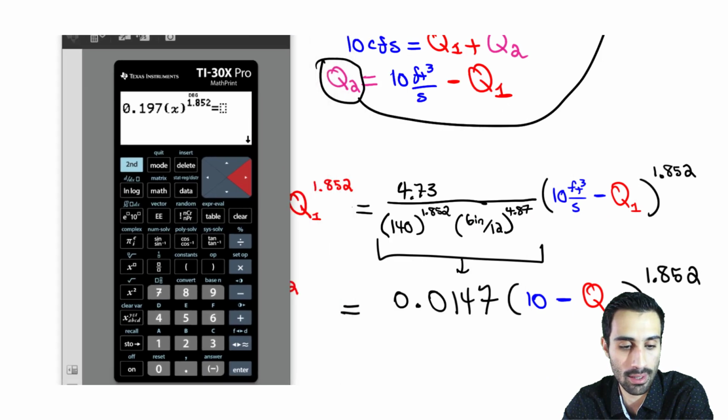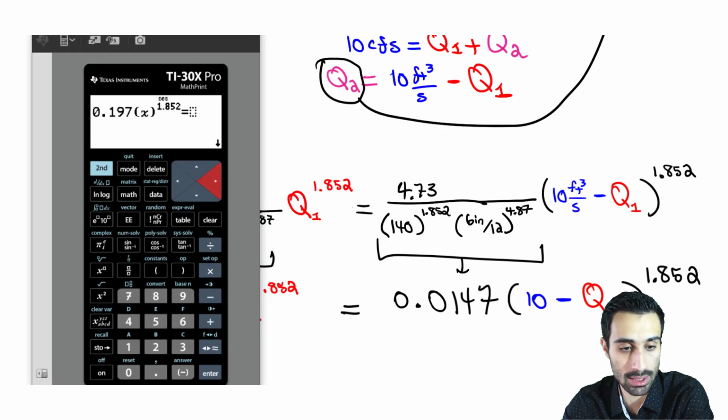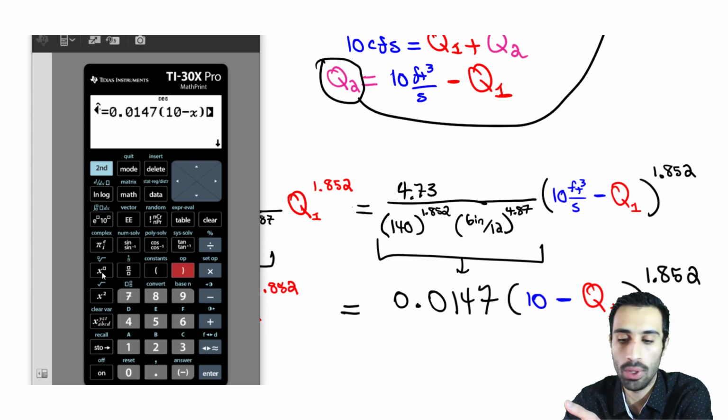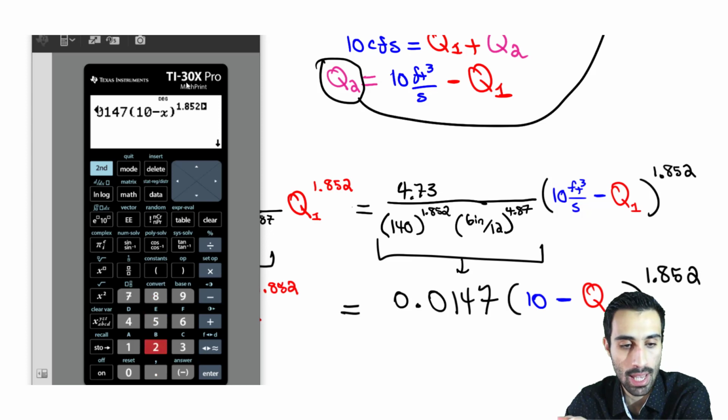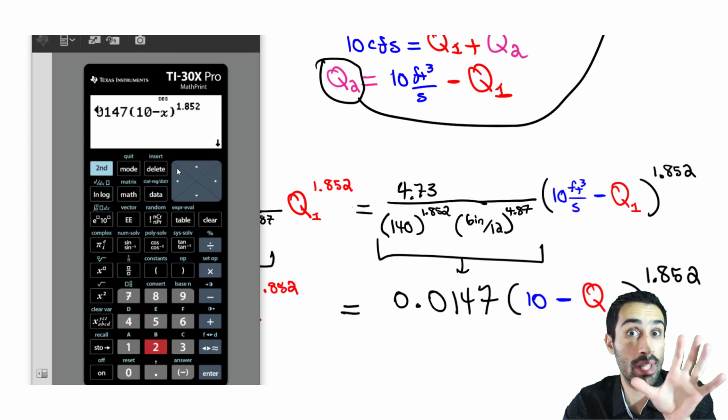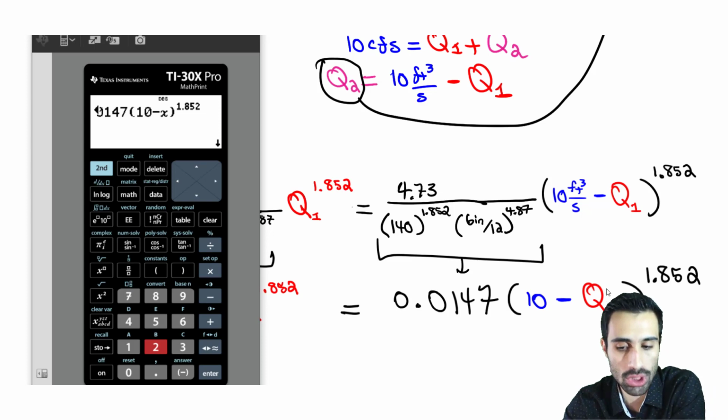Then we have the right side, and that's going to be 0.0147. We take that 10 minus the X, the unknown Q1. We raise that to the power of 1.852. And that is one equation, one unknown. The unknown is X in the calculator, which is our Q1.